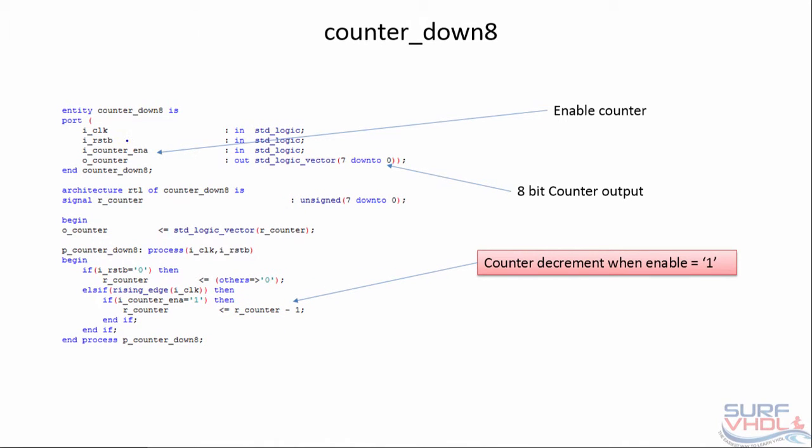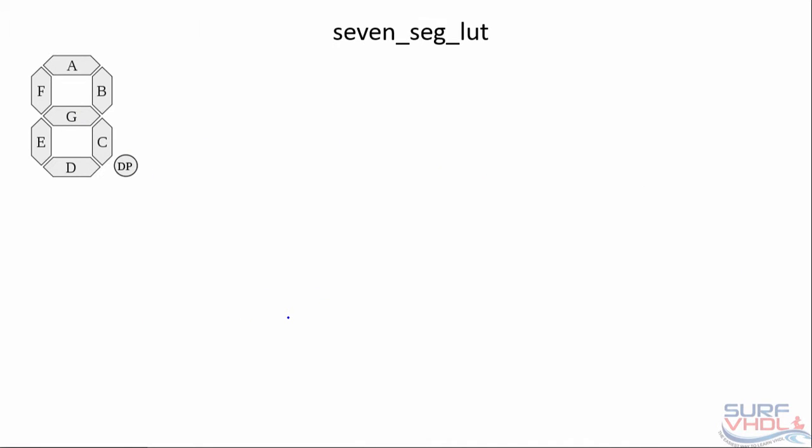The down counter is the same, but when the counter enable is 1, counter is less than or equal to counter minus 1. Let's see how to drive a 7-segment display.